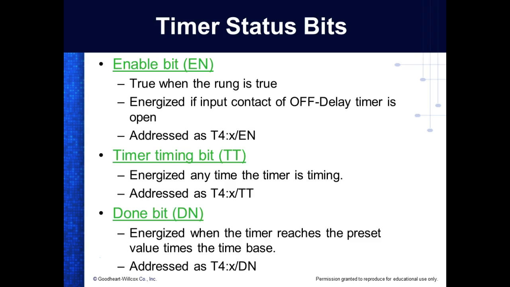Come false. And this is the timer timing bit. This is the way we address it. We'd start off T4 or whatever number. If we assign it another number, we're going to use T4. Then this would be the timer number, right? You understand? And then we would use the TT, and that would use our timer timing bit. This is what we'll use for cross-couple timers, and we'll see that when we get into that. And then, of course, we understand the done bit, right?